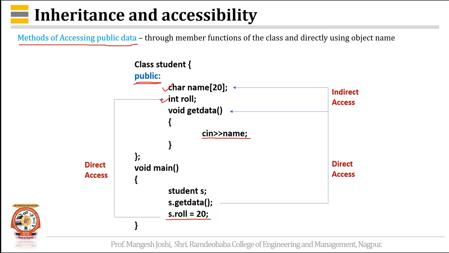We have created one object of class student, that is S. We are directly accessing the get data function, that is direct access. And s dot roll is equal to 20 is also direct access. You're directly accessing it because it is given in the public section. And this is indirect access: you are accessing your name via the get data function. That's why this is called indirect access.